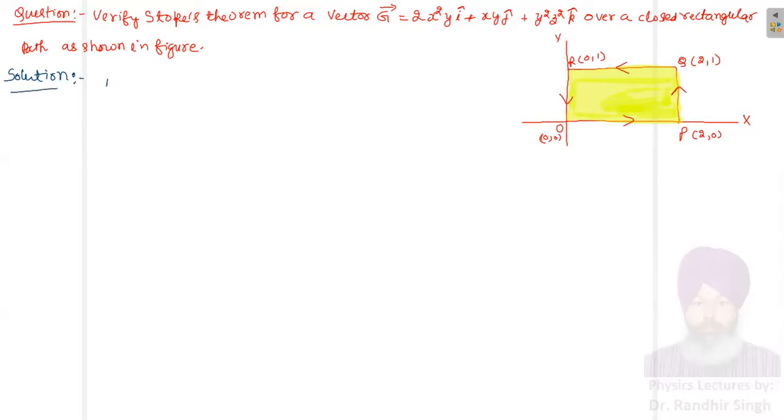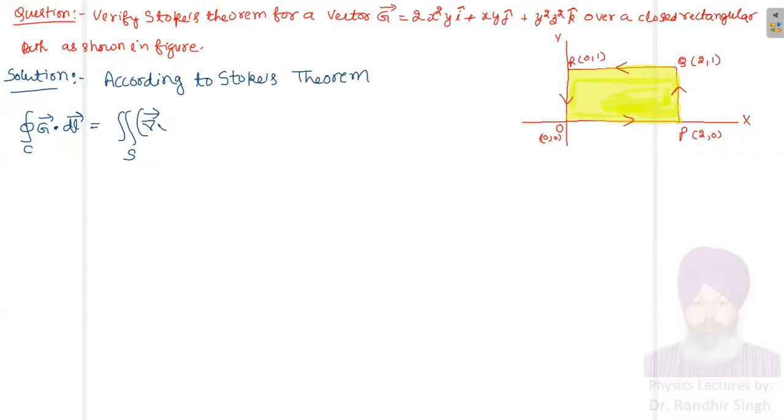According to Stokes theorem, we know that the integration of any vector g over a closed path c is always equal to the integration over an open surface of the curl of that vector over the area inside the closed path. This is what we have to verify.